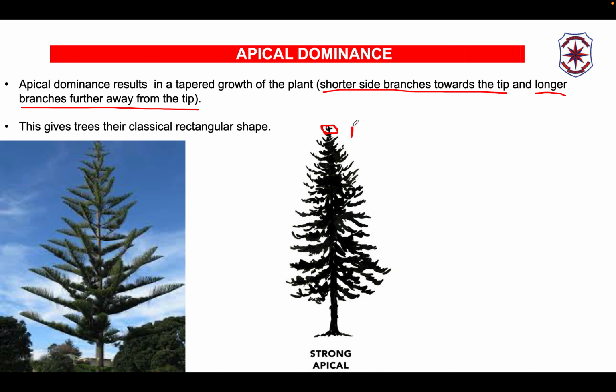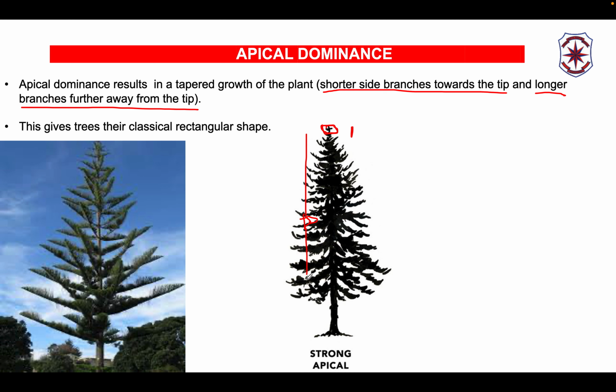The more auxins produced there, the more the auxins will inhibit the lateral buds from producing lateral branches. And remember, auxins diffuse down the tree.